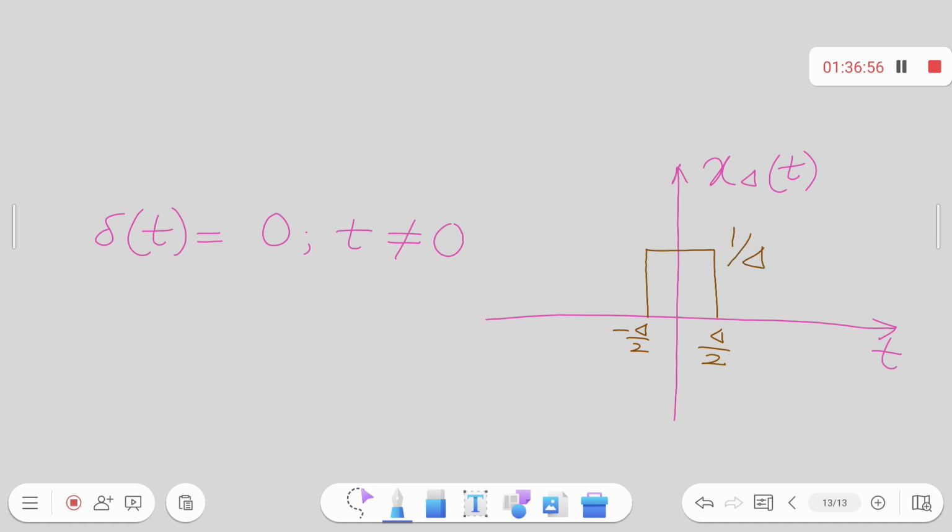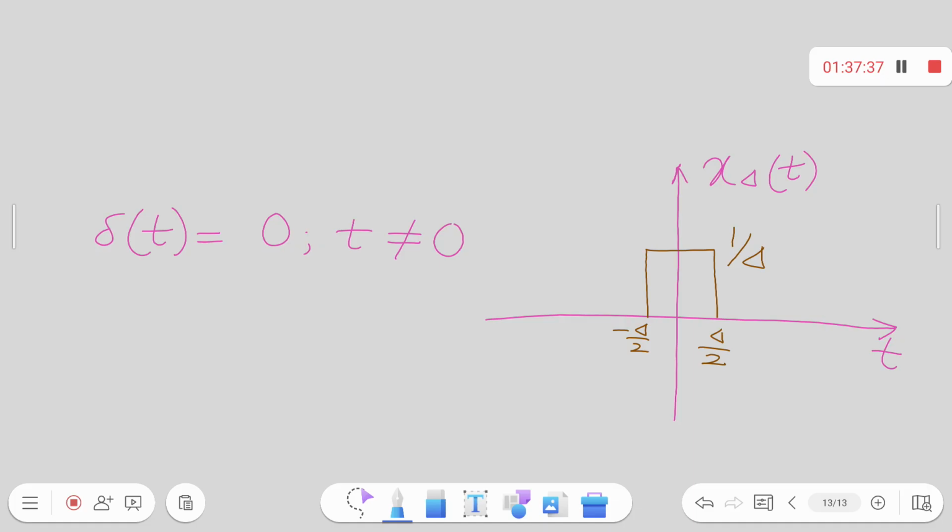Let's consider this pulse. Pulse, you understand? From minus delta by 2 to plus delta by 2, you have this particular nature, constant. What is the area under this curve? That is unity. Height is 1 by delta and width is delta. We multiply the 1 by delta with delta, that is unity. Okay? So unit area pulse x delta t.